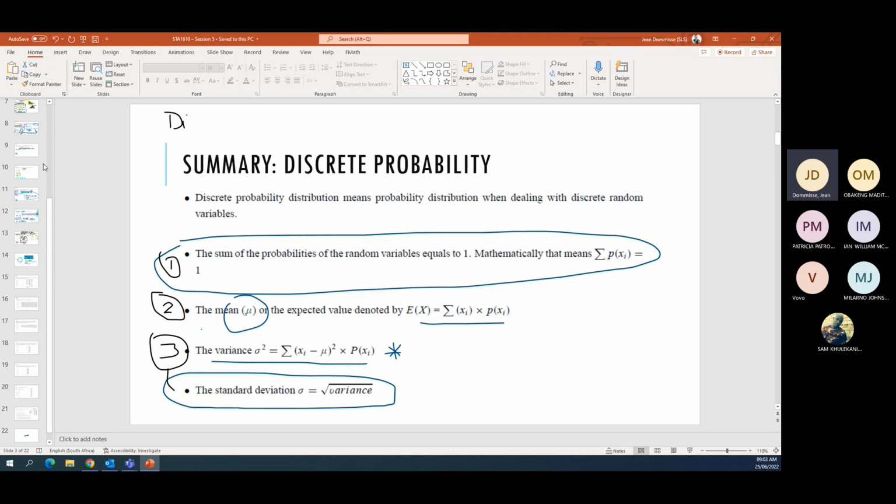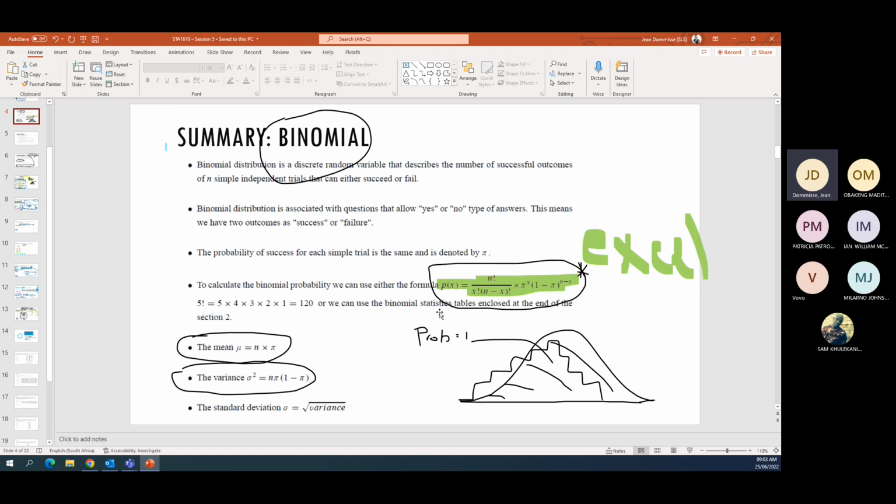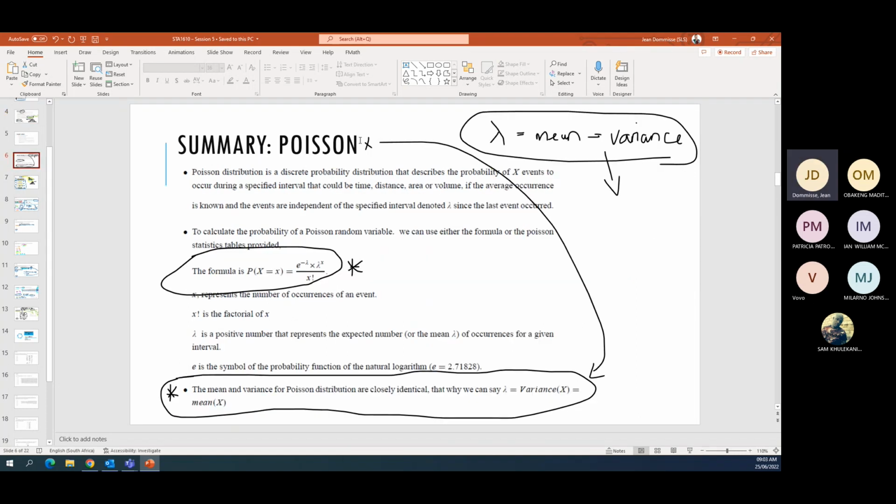Okay, so we covered discrete, and if you have done any of the assignment yet, you will see you get some on discrete. Then we've covered binomial. With binomial, we're going to use the tables, and then Poisson as well. And depending on what we are looking for in Poisson, also going to use the tables.